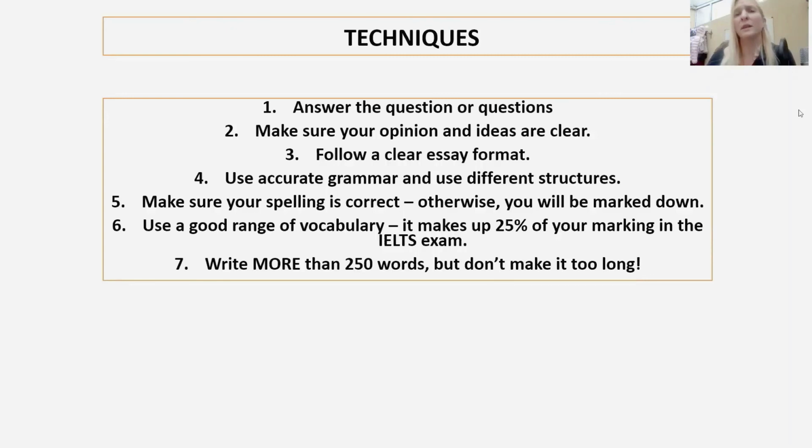And another thing about vocabulary, make sure that you use a good range, because 25% of your marks in IELTS is based on vocabulary, 25%. So vocabulary is important. Write more than 250 words, but don't make it too long.